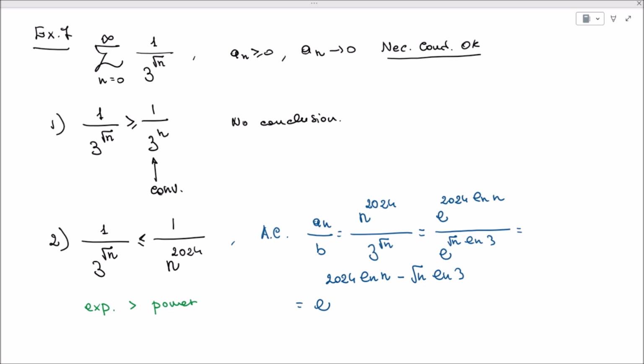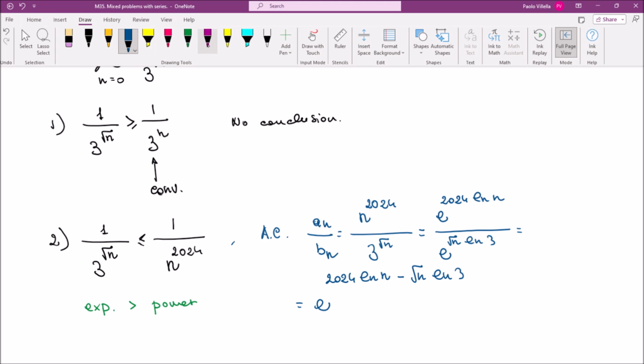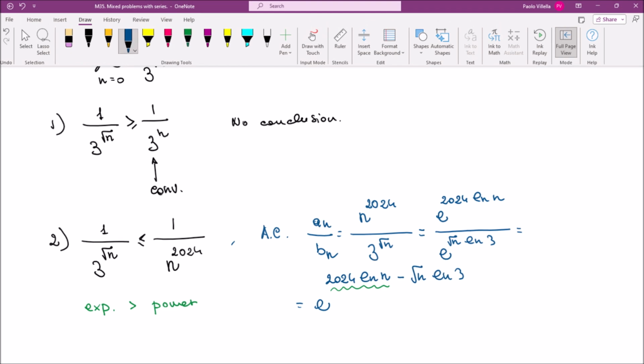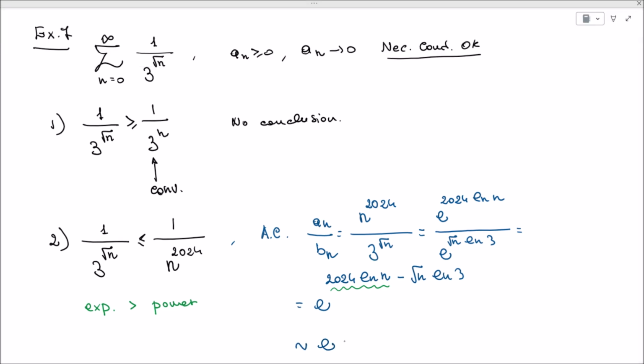But we know that as n goes to infinity, this term, okay, will be dominated by the square root, because the logarithm is always lower than the square root of n. So we can say that this can be approximated as n goes to infinity to e raised to the minus square root of n logarithm of 3. And of course this limit is just 0 when n goes to infinity.